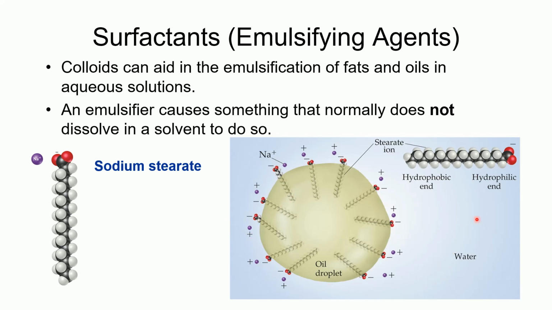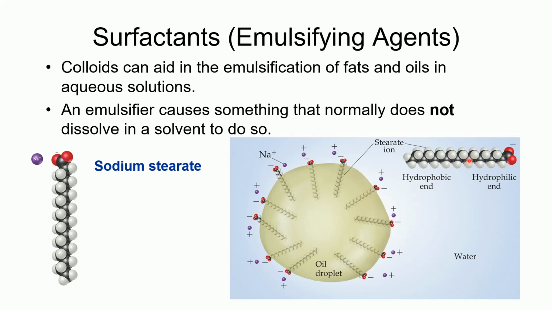And this is what happens if you take oil and water and put some sodium stearate in it. Normally, if you take oil and water and you shake them up, at first you'll see all these little droplets of oil floating around, but eventually all the oil will float to the top and the water will sink to the bottom.